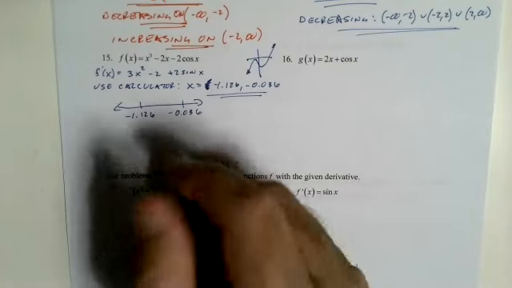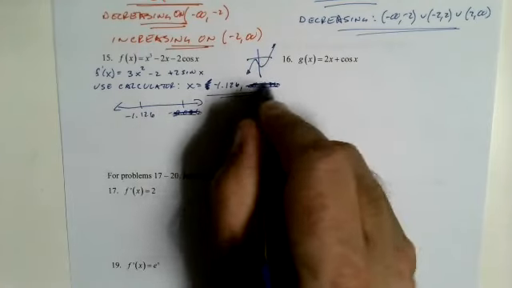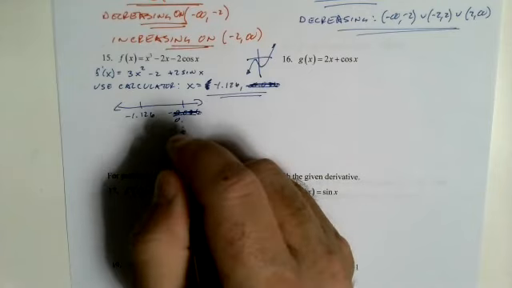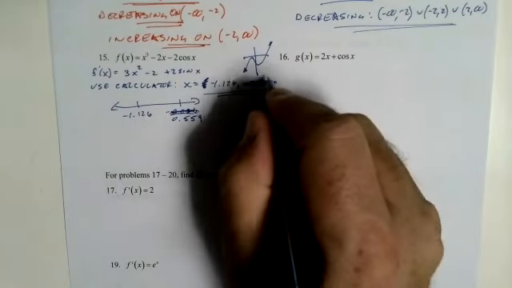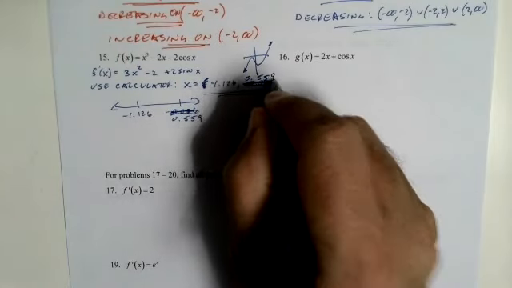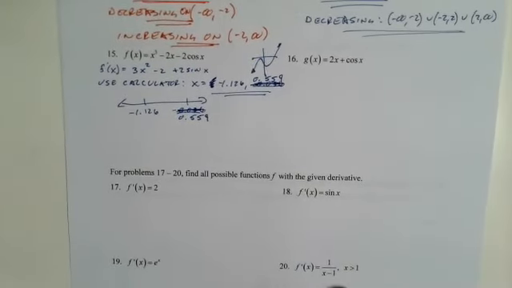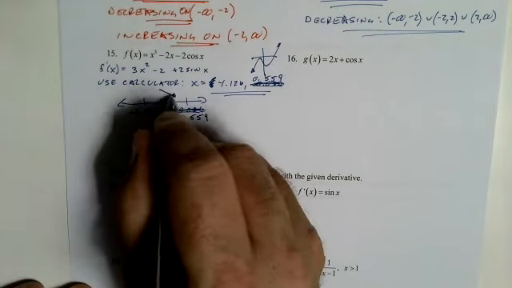I put in the wrong value. 0.559. That's what happens when you use a calculator. Sorry about that. 0 is definitely negative.